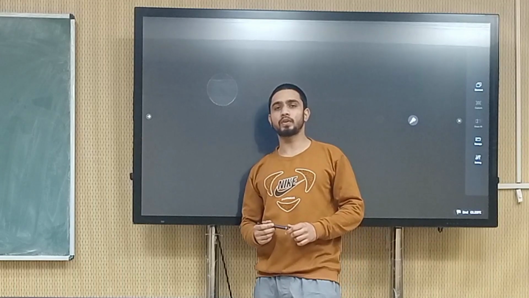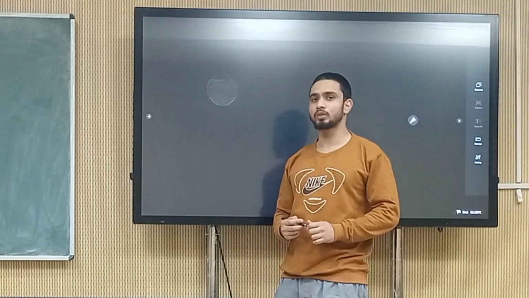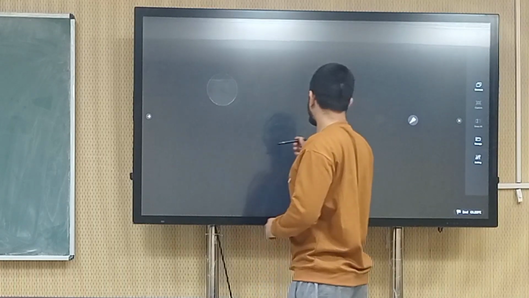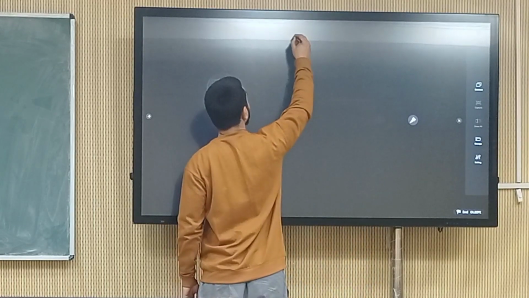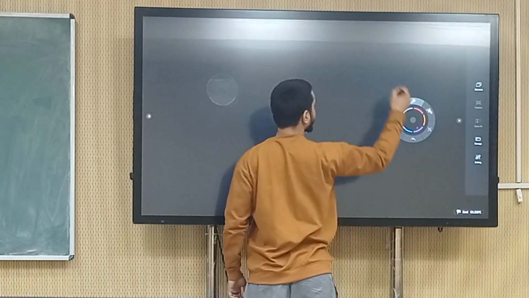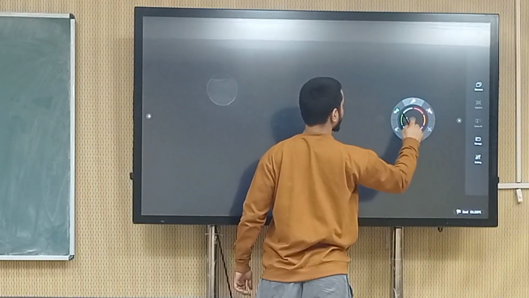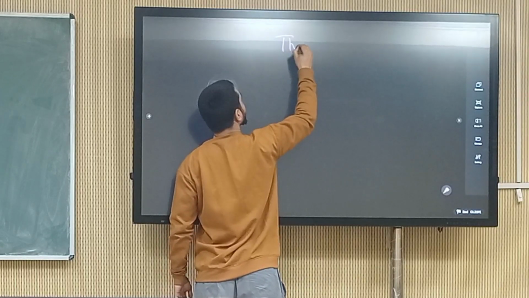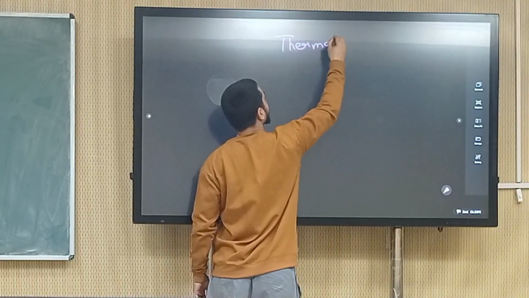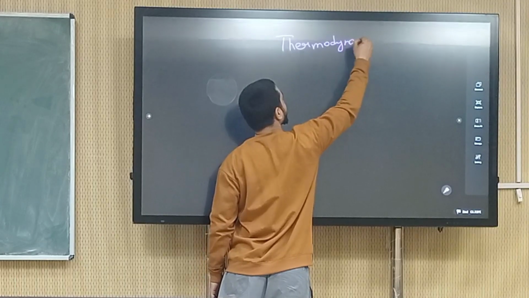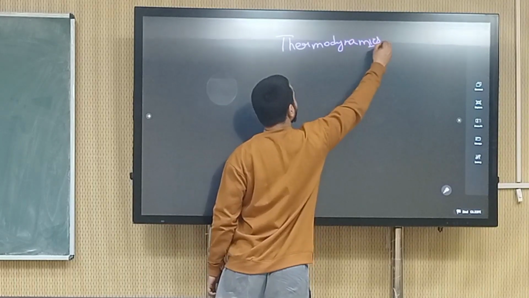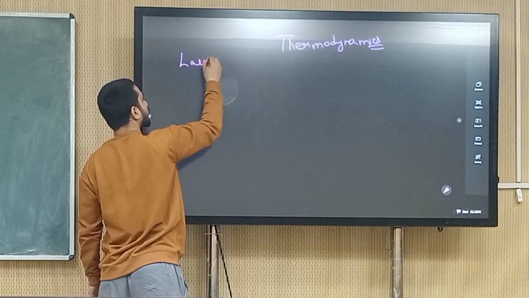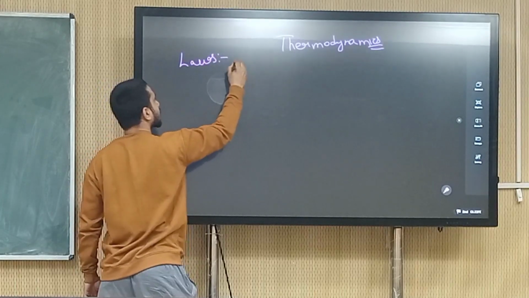Today we will be seeing the different laws in thermodynamics. So what are the different types of laws in thermodynamics? We will see. Moving further in thermodynamics, the first is the Zeroth Law of thermodynamics.